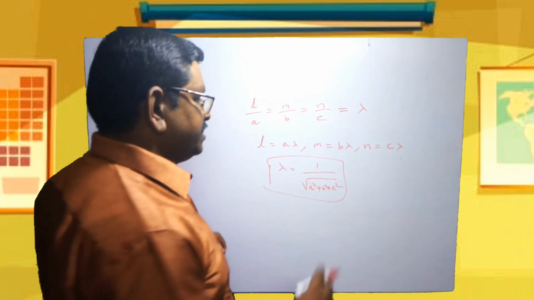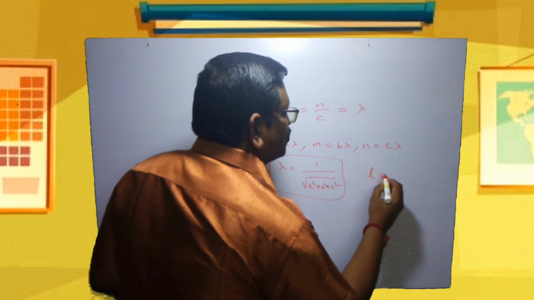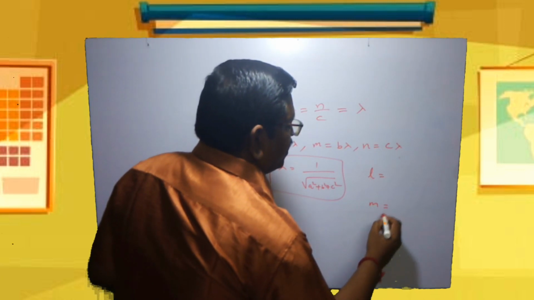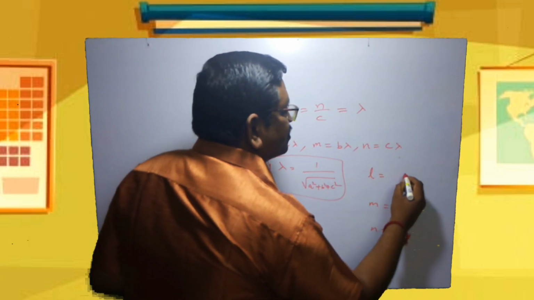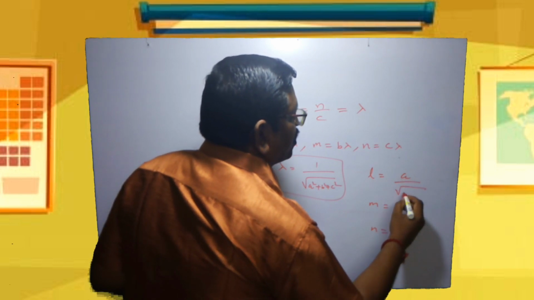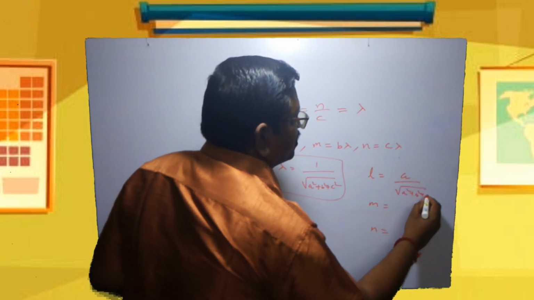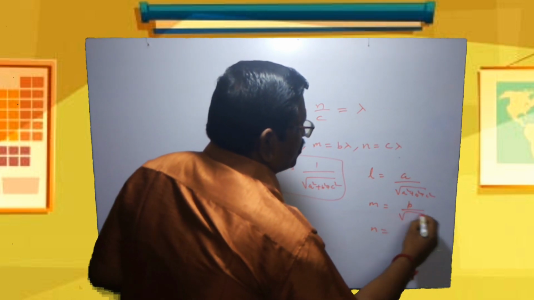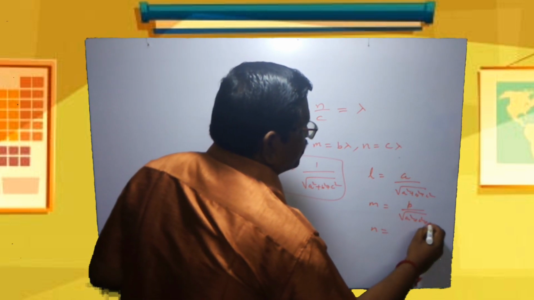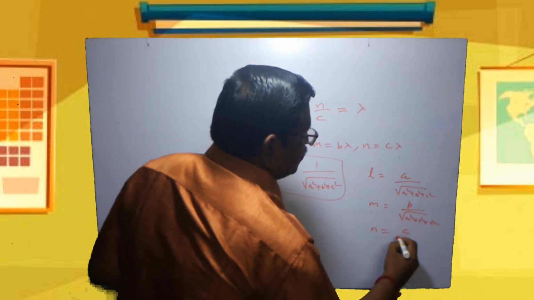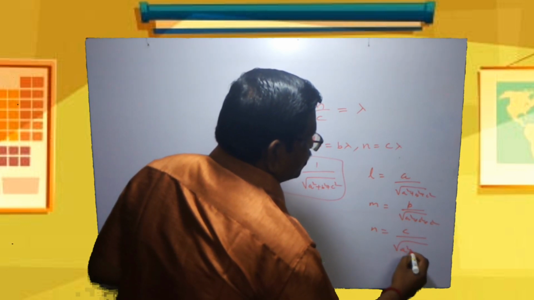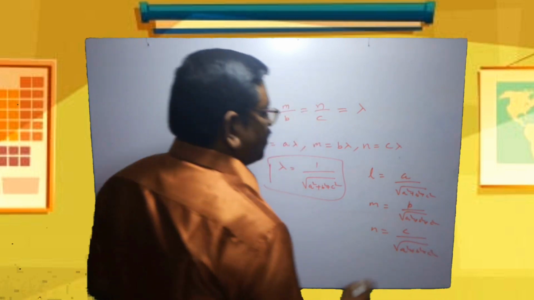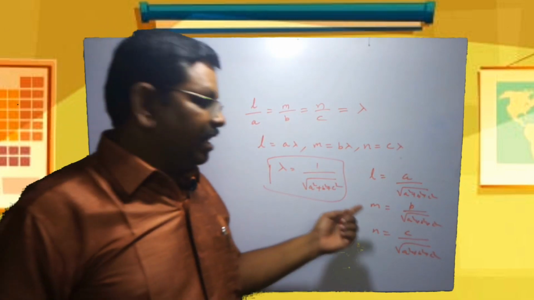With the help of this we can say the values of l, m and n: l is a by square root of a square plus b square plus c square, m is equal to b by square root of a square plus b square plus c square, and n is equal to c by square root of a square plus b square plus c square. Now we have these three values l, m, n.